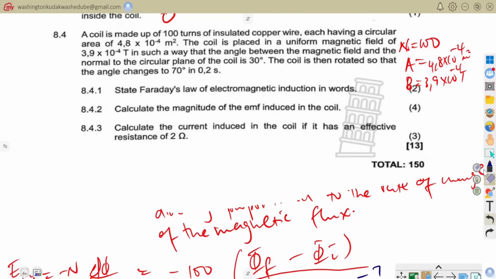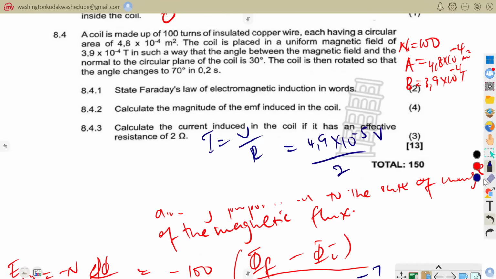The question is actually saying calculate the current induced in the coil if it has an effective resistance of 2. We know that current can be given by V over R. So the voltage that we calculated is 4.9 times 10 to the power negative 5 volts, and the resistance that is given is 2.